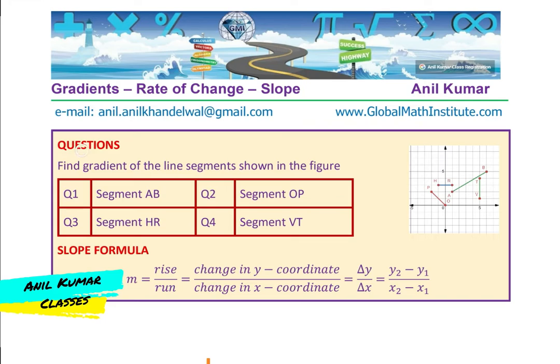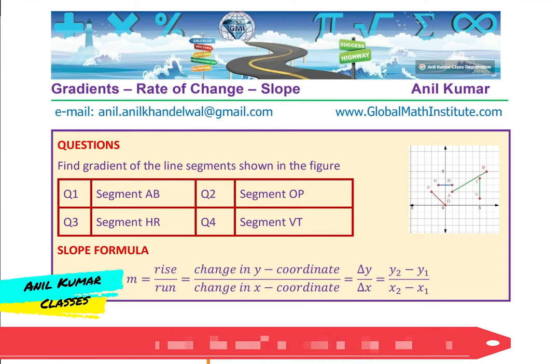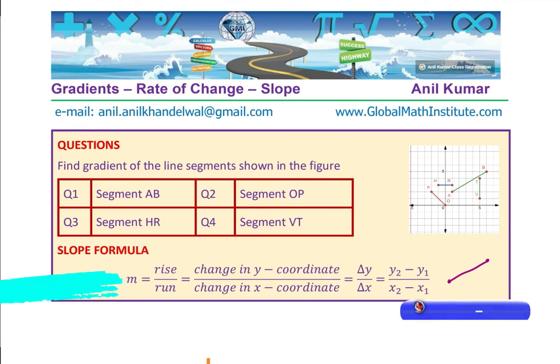So the questions before you are very simple. Find gradient of the line segment shown in the figure. Well, many times we are actually finding gradient of a line, not just a line segment. Now, let's understand the difference. When I have a segment, then I'm only saying, let's say from here to here, right? That is a segment. It has boundaries.